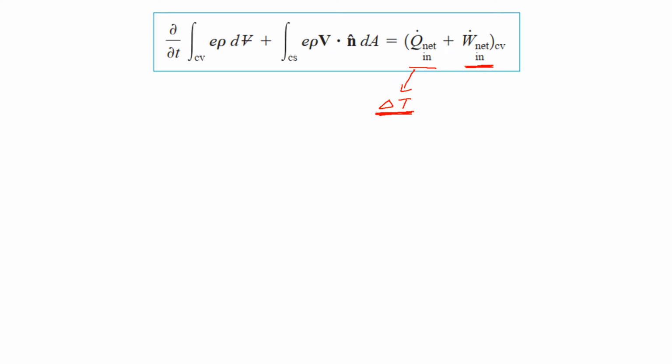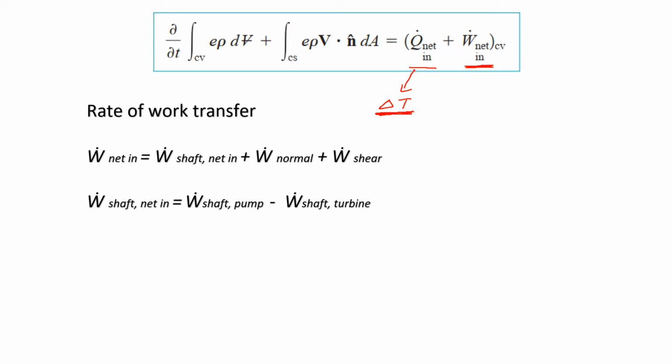So let's look at the rate of work transfer, and the rate of work transfer is equal to the net rate of work transfer required to increase or decrease the total energy of the system.